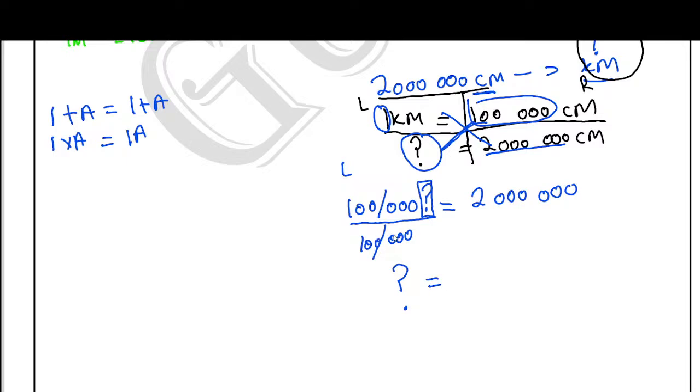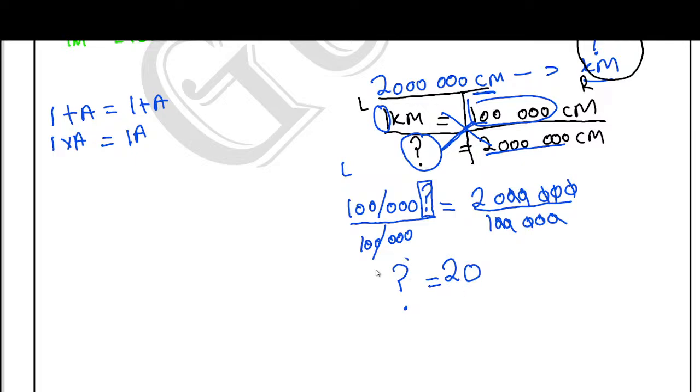Since we have divided by 100,000 on the left hand side, we must also divide by 100,000 on the right hand side, meaning that this 0 is going to cancel this one, cancel this one. I use the old tradition method here. So we have cancelled 5 zeros, then it's going to be 20 divided by 1, then it remains 20.